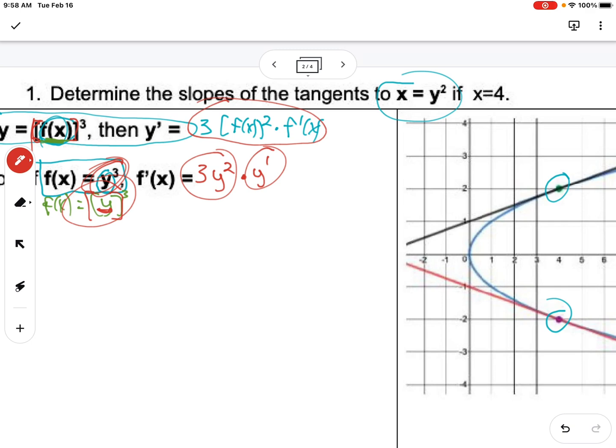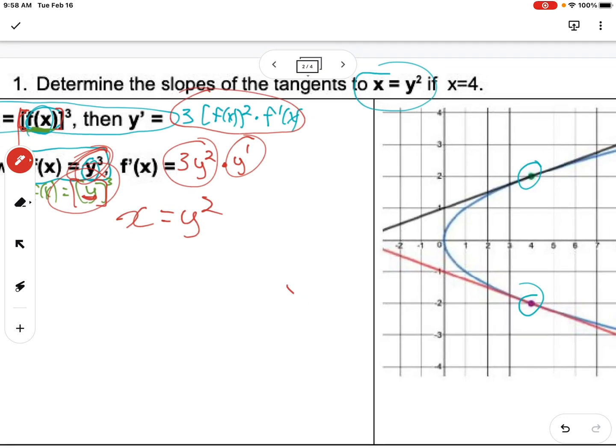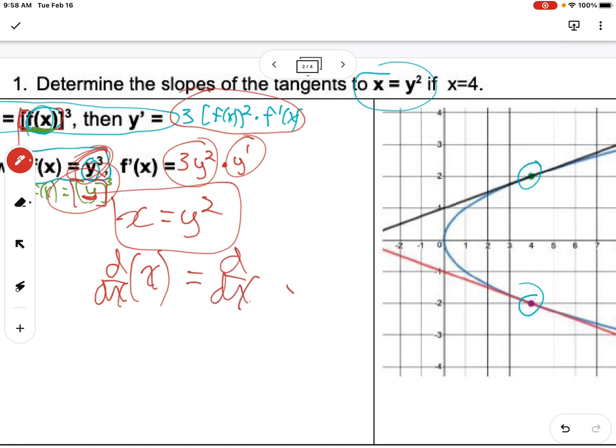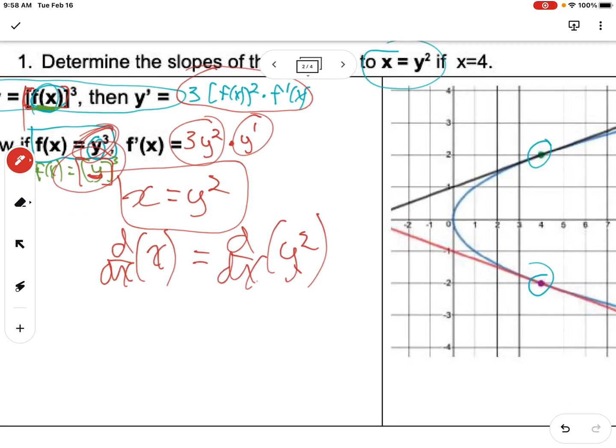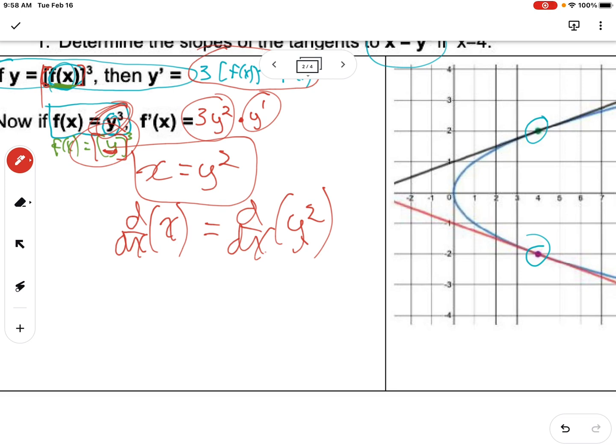So I've got this equation here, x equals y squared, and I want to figure out what the tangent slope is at x equals 4. So if that's my original relationship, I can't call it an original function because it's not a function, but what I'm going to do is differentiate both sides. d by dx of x is d by dx of y squared. Okay, so remember that I'm differentiating with respect to x.